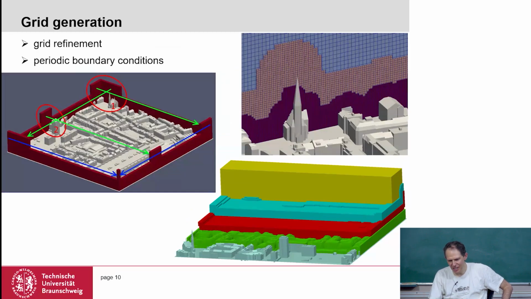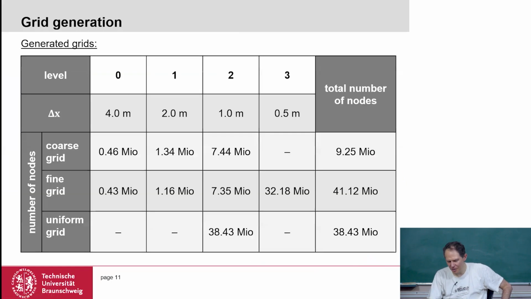Okay, so applications of this in city simulations. So again, this is a piece of Basel. Interesting thing here, we have done this with different resolutions, and I don't know whether I have this on the next slide.